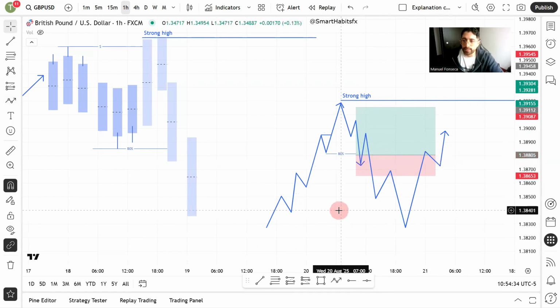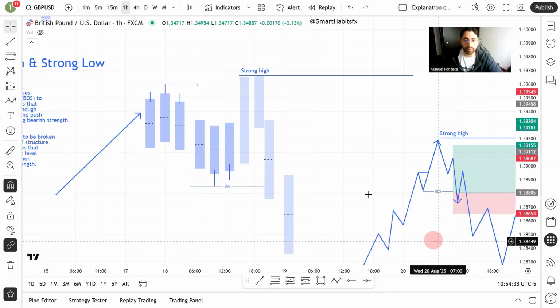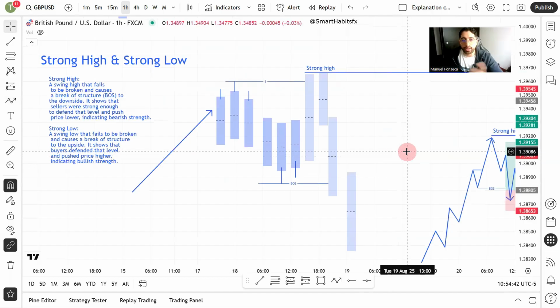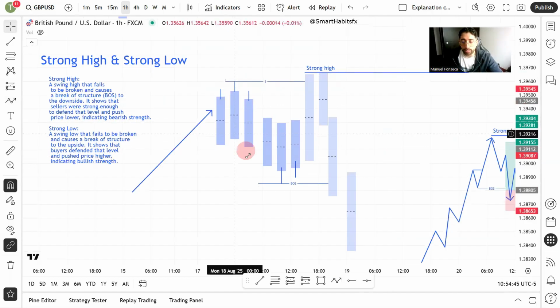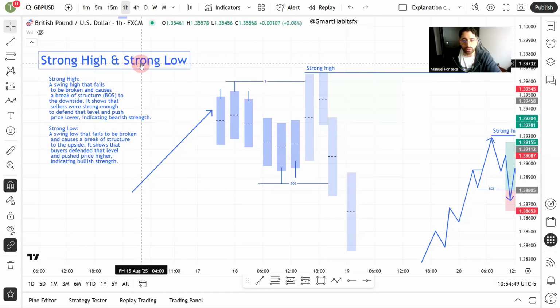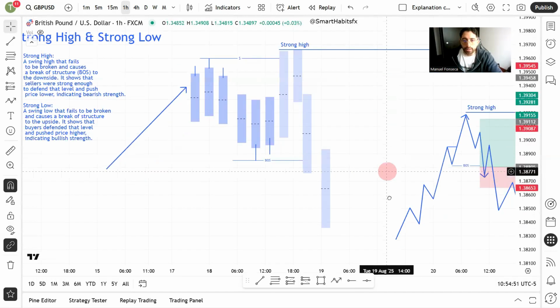So this is an example of why it is important to understand this type of pattern, especially the swing high and the swing low, mixing all of it to understand the strong high or the strong low. Okay.